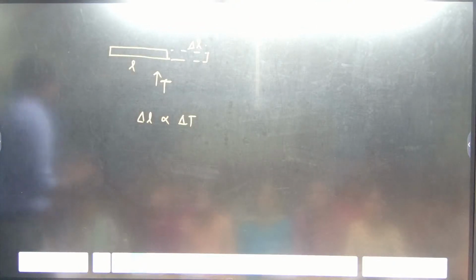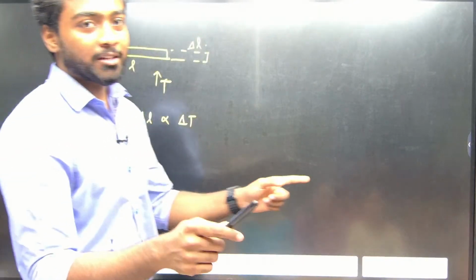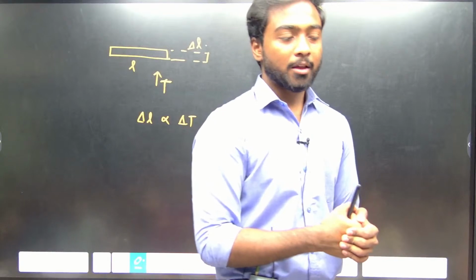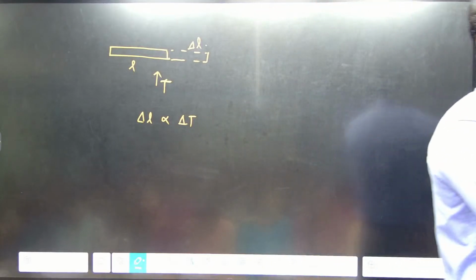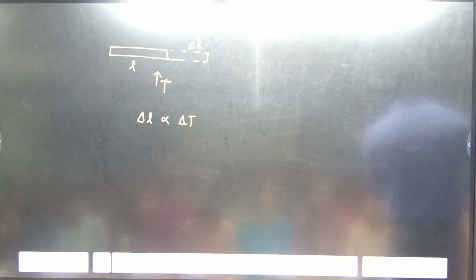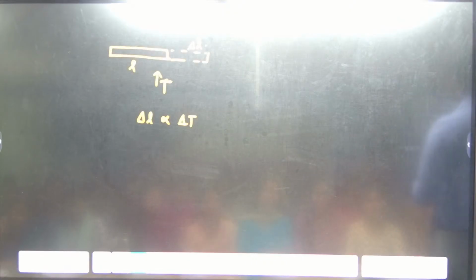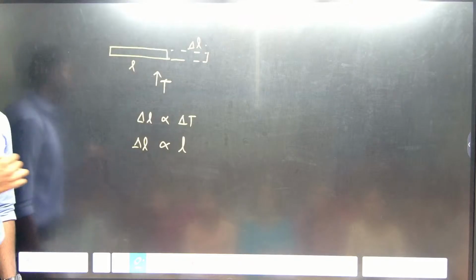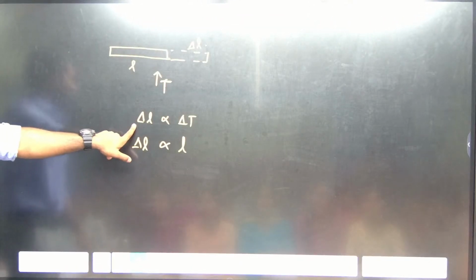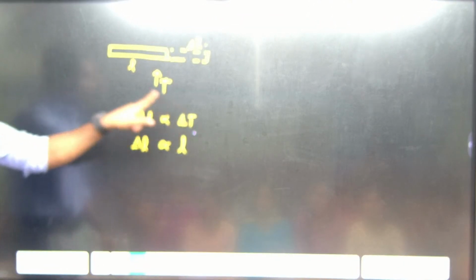How much our temperature increases, that much expansion happens. If I have a 1 centimeter rod or a 10 centimeter rod, which will expand more? The 10 centimeter rod, no? So can I say delta L is directly proportional to L also? Expansion depends upon temperature, and it depends upon the original length also.